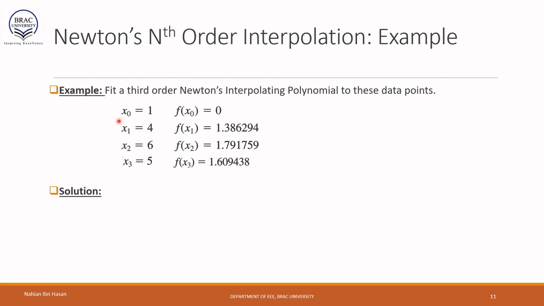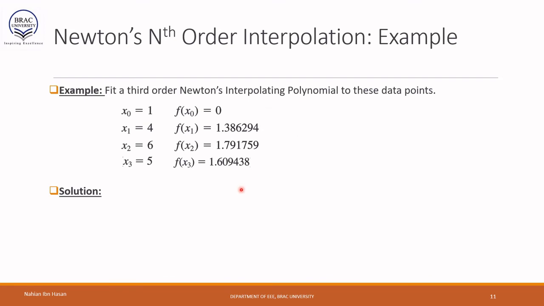For example, let's say we have four data points given, which is x0, x1, x2 and x3, and also we are given the corresponding function values here, f of x0, f of x1, f of x2, and f of x3. We need to fit a third order Newton's interpolating polynomial to these data points.